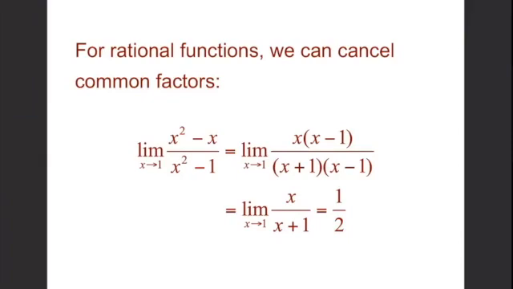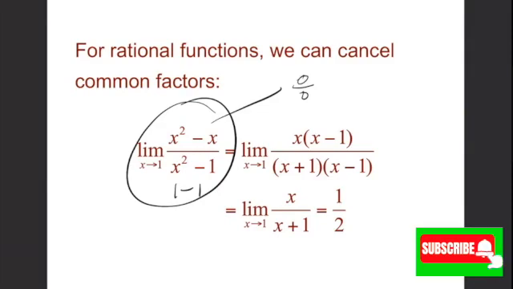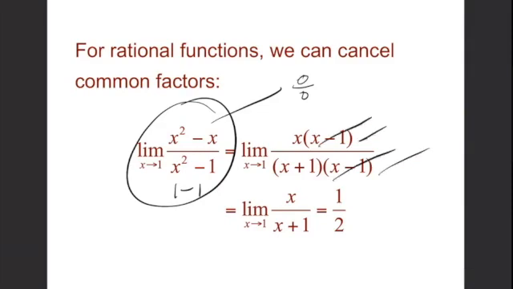In this case, at first, when you look at this, you have 1 minus 1, which is equivalent to 0, and this one also is 0, so this is of the form 0 over 0. However, you can still factor this. So when you do the factoring of the numerator and the denominator, these two will cancel. So what's left is the limit of x over x plus 1 as x approaches 1.